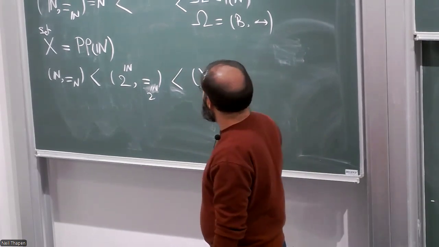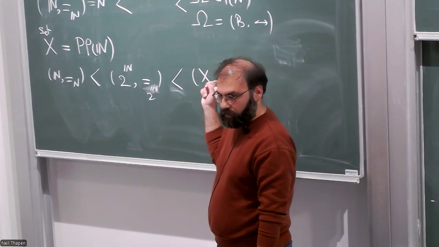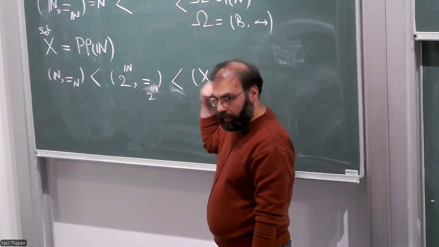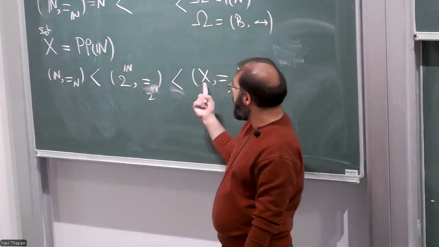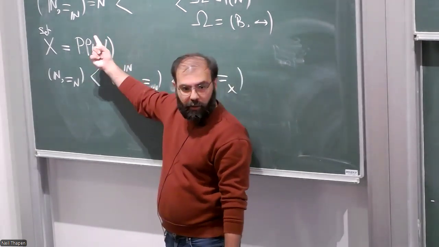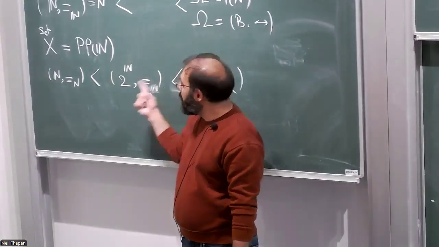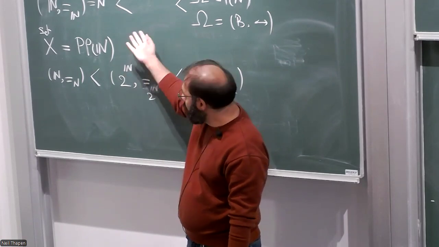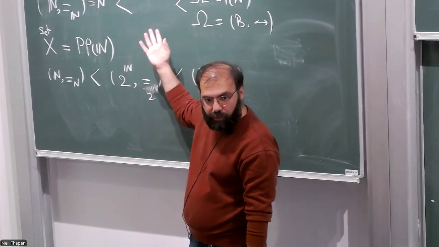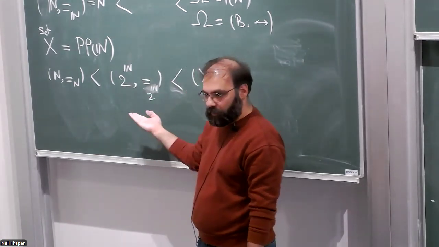So why? Because these three are strictly below each other in set, n, 2 to the n by Cantor's theorem, and x, which is 2 to the n, right? So they are different in set theory. And therefore, since I assume my B, we don't know the construction yet, but B should be Suslin, therefore I have this. I have a strict, and all of them are infinite, of course, right?